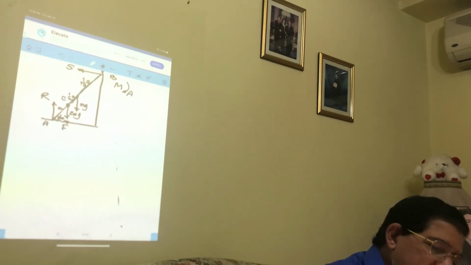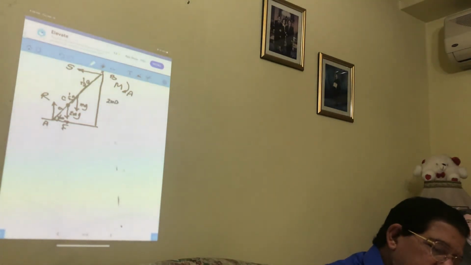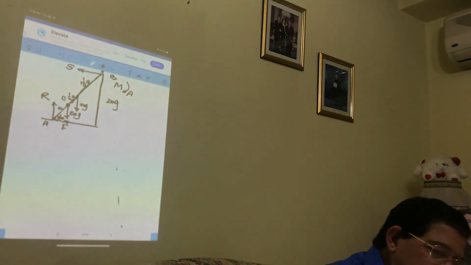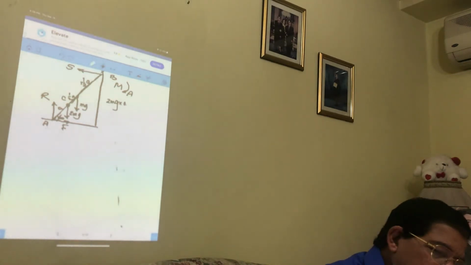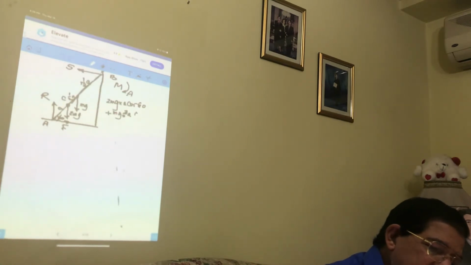The clockwise moments are 2mg times the distance here, which is A cosine 60: 2mg times A cosine 60, plus mg times the distance 1.5A, that is 3/2 A cosine 60.